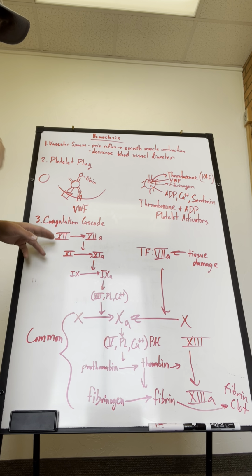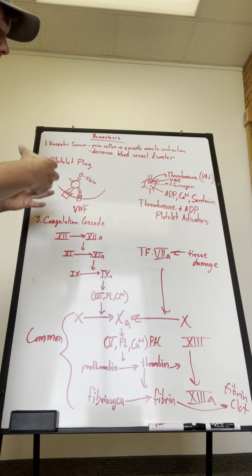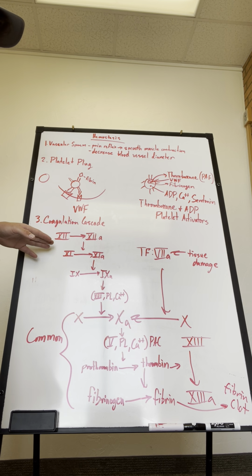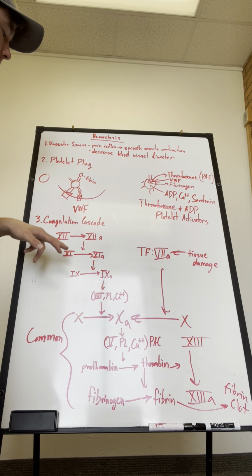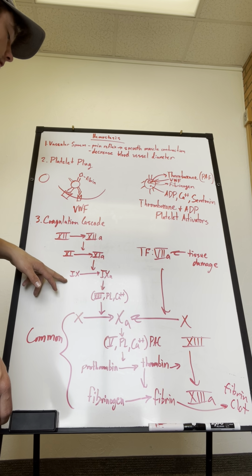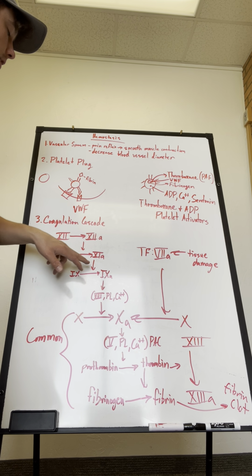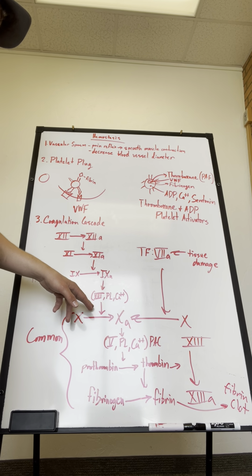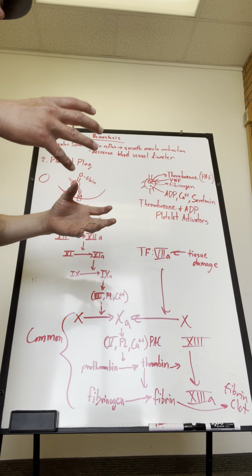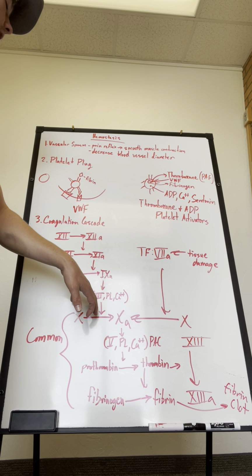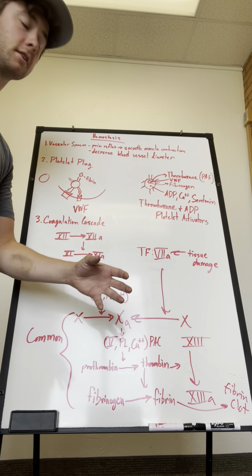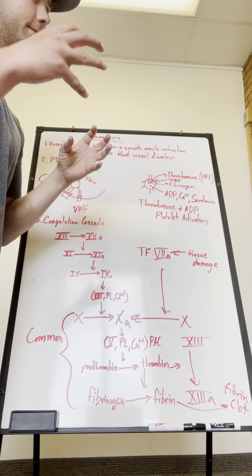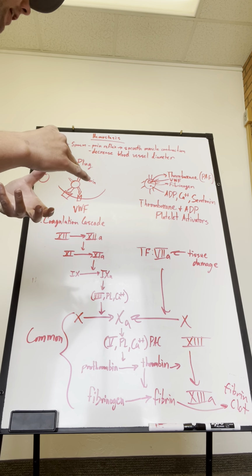So first off, you start with 12. It activates with contact with collagen, just like your platelets activate with collagen. And then 12 is going to activate 11, 11 is going to activate 9, and 9 will then form a complex with factor 8, phospholipids, and calcium, and what this is going to do is continue that clotting cascade.